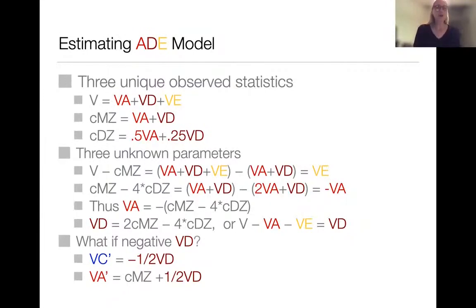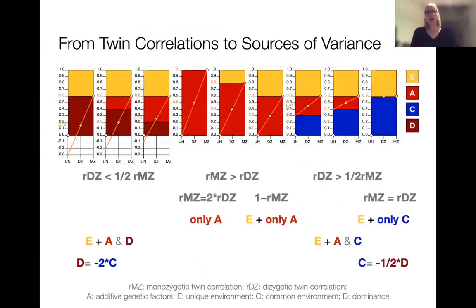And maybe this will all become a little bit clearer when we look at this figure that shows a range of possible correlations for the MZs, the DZs, and UN for unrelated individuals. And let's start in the middle with the fourth graph.